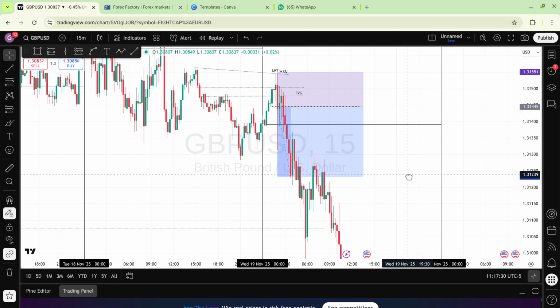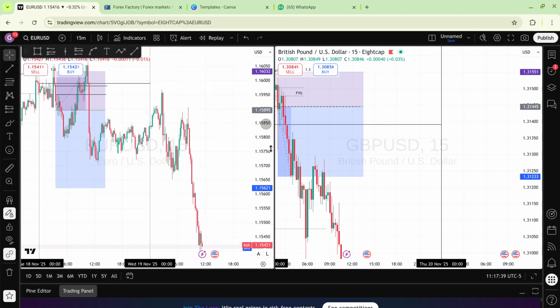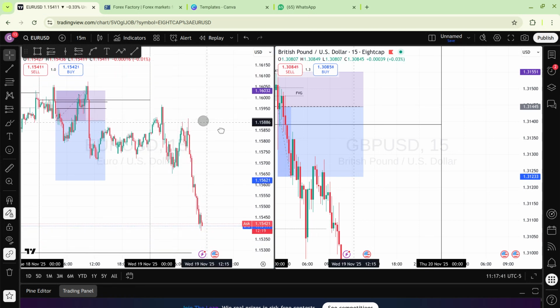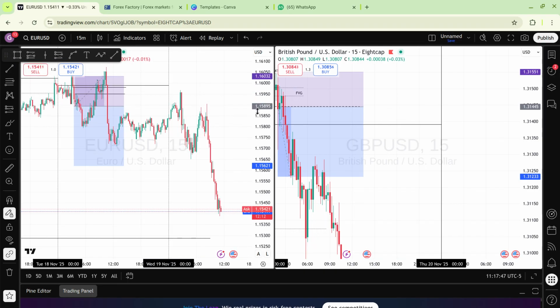So we're gonna start from the beginning on how I analyzed and traded these assets, and thankfully I'm using TradingView, so I can use the replay function to show you guys exactly how I drew up the setup.